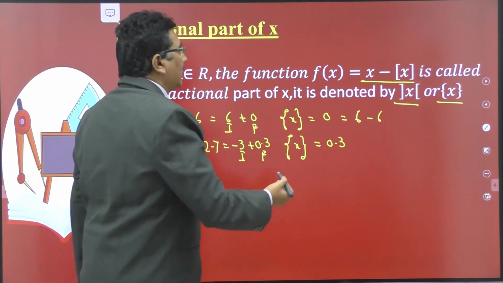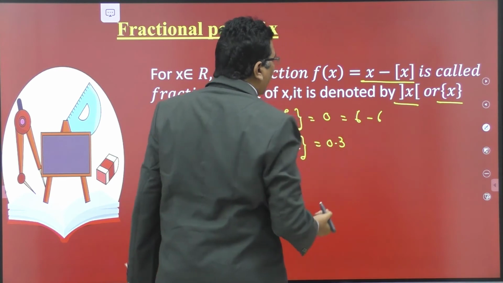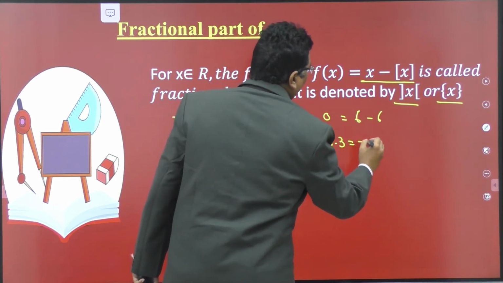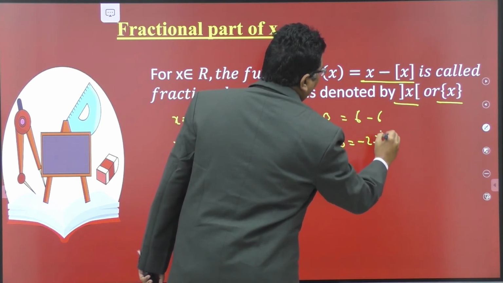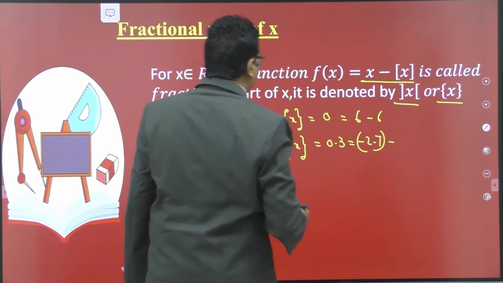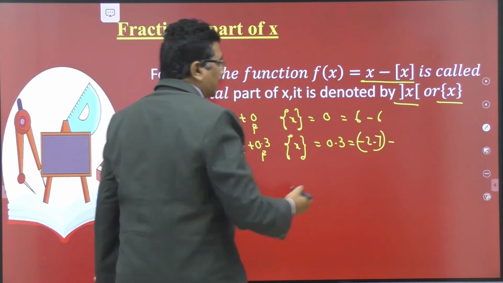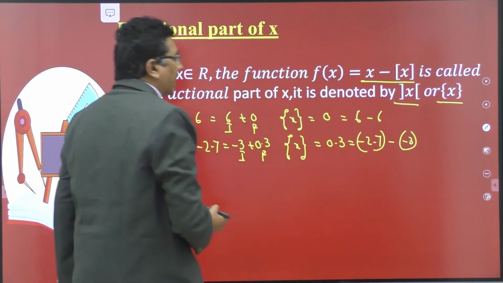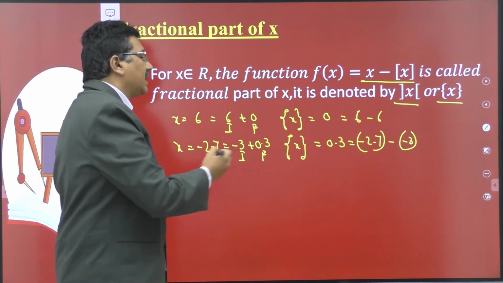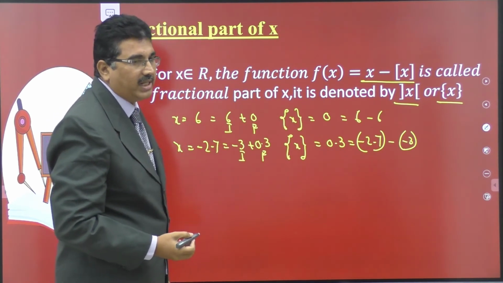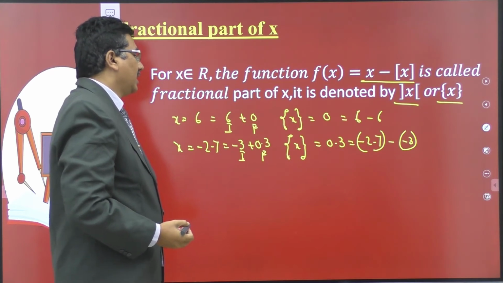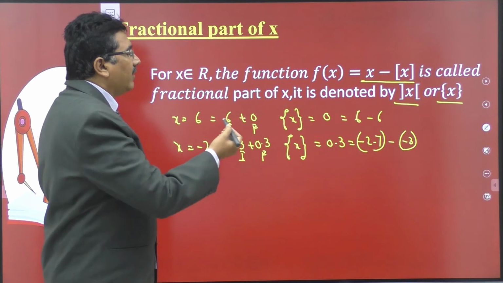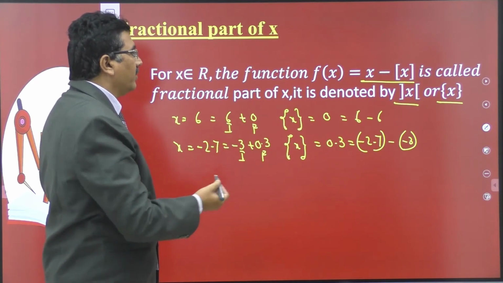Or by using x minus floor of x, here x is equal to minus 2.7 minus floor of x, which means minus 3. So that is also equal to 0.3. Observing these examples, the definition is derived from this.